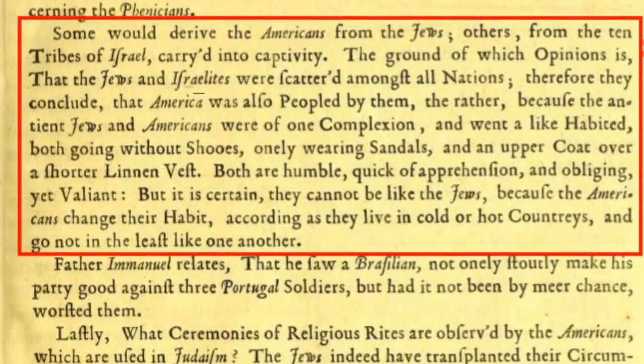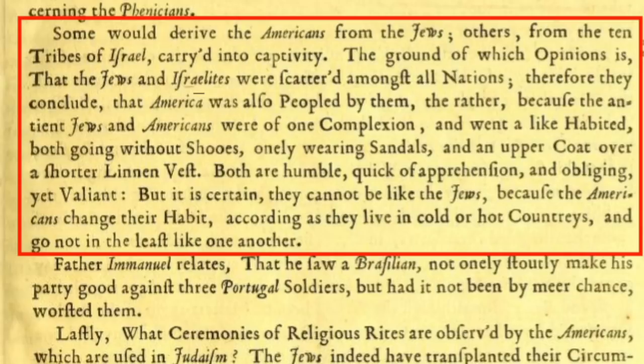Now on page 27, and this is John Ogilby's book of America being an accurate description of the New World. So on page 27, a little ways down from the top, it reads, "Some would derive the Americans from the Jews, others from the 10 tribes of Israel, carried into captivity. The ground of which opinions is that the Jews and Israelites were scattered amongst all the nations.